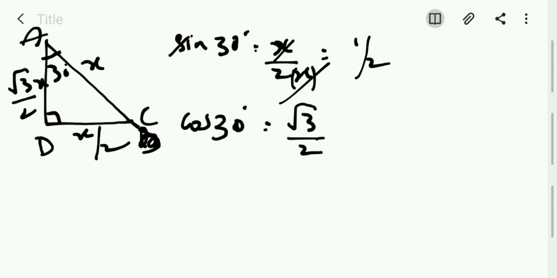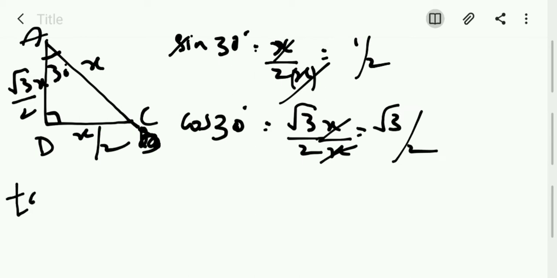Root 3 by 2 into X by X cancels out. You're going to remain with root 3 by 2. Now rest of the things are very easy. Now what is tan 30? Sine by cos, which is nothing but 1 by root 3.